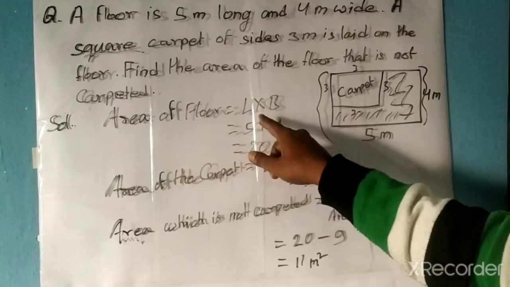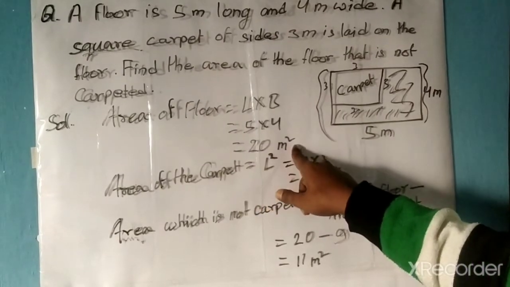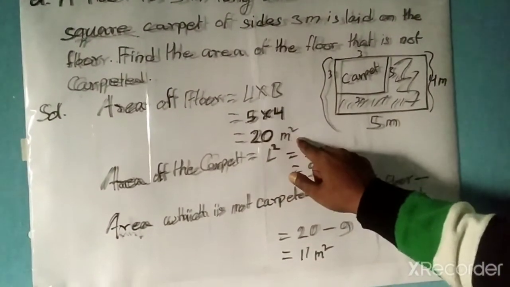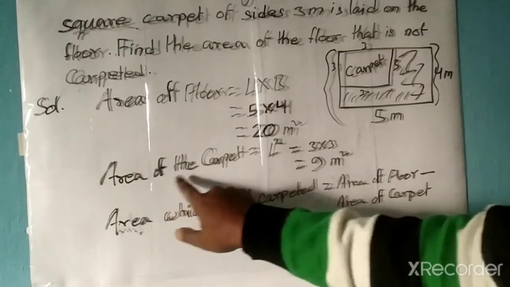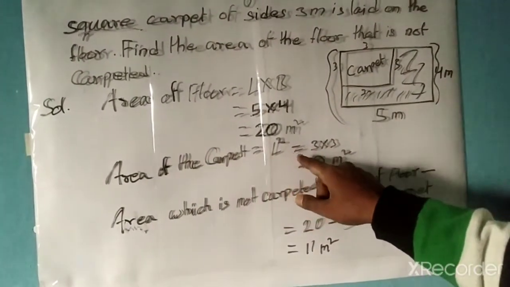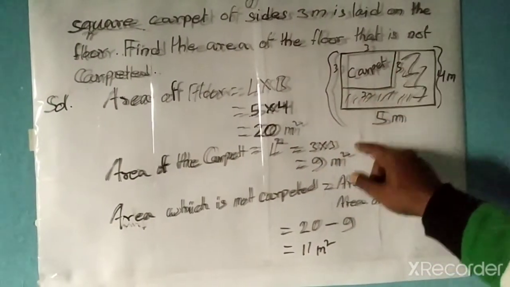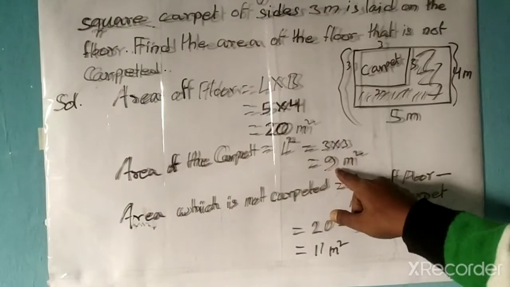The area of the floor is equal to 5 into 4, that is 20 meter square. Now the area of the carpet, that is square in shape, so L square, this is equal to 3 into 3. Side is 3 meter length. So 3 into 3 is equal to 9 meter square.